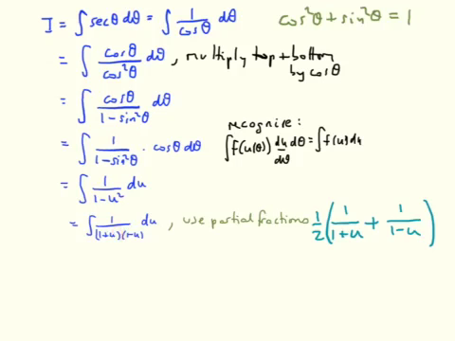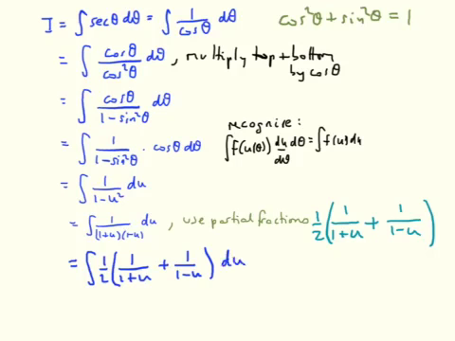So our integral can be written as the integral of a half, 1 over 1 plus u plus 1 over 1 minus u, with a half multiplying everything, integrated with respect to u.